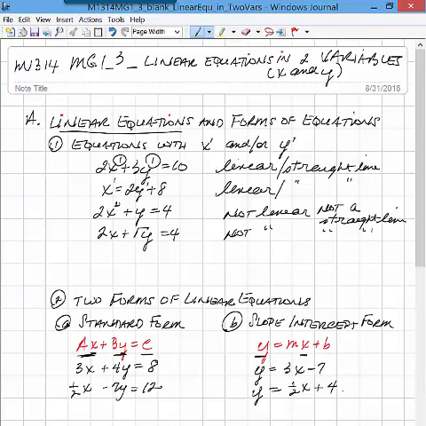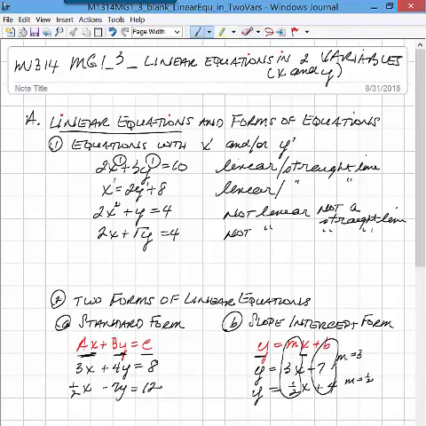What's special about slope-intercept form is note that the m is the number in front of x, and m is slope. So the slope of the 3x minus 7 line is 3, and the slope of the 1/2 x plus 4 is 1/2. The other number of great significance in this form is the constant on the end.